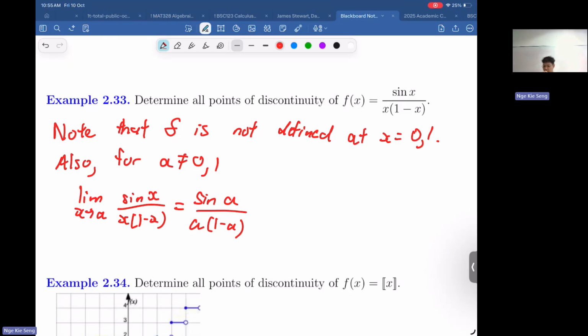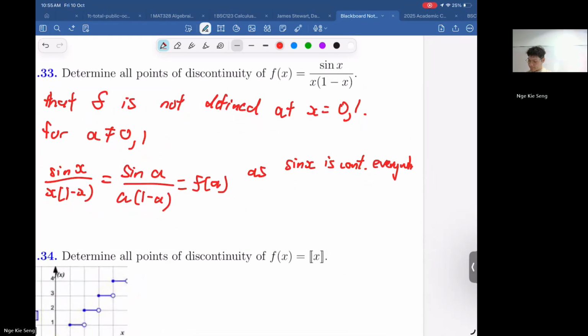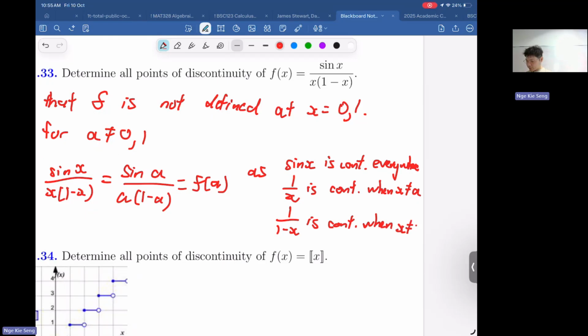Because your function f(a), as sine x is continuous everywhere, and 1 over x is continuous when x is not equal to 0, and 1 over 1 minus x is continuous when x is not equal to 1.